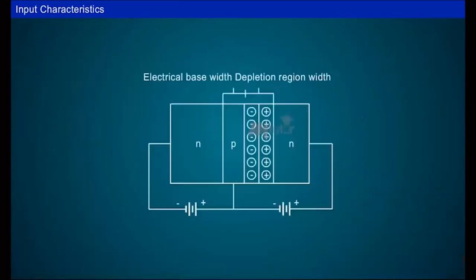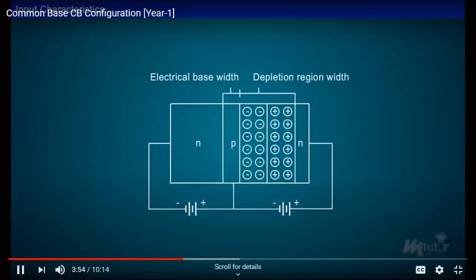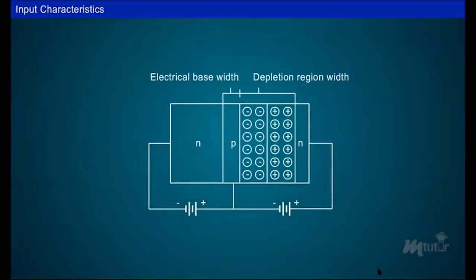When reverse bias voltage VCB increases, the width of the depletion region also increases, which reduces the electrical base width. Due to the reduction of the electrical base width, there are now more charged particles per unit area.